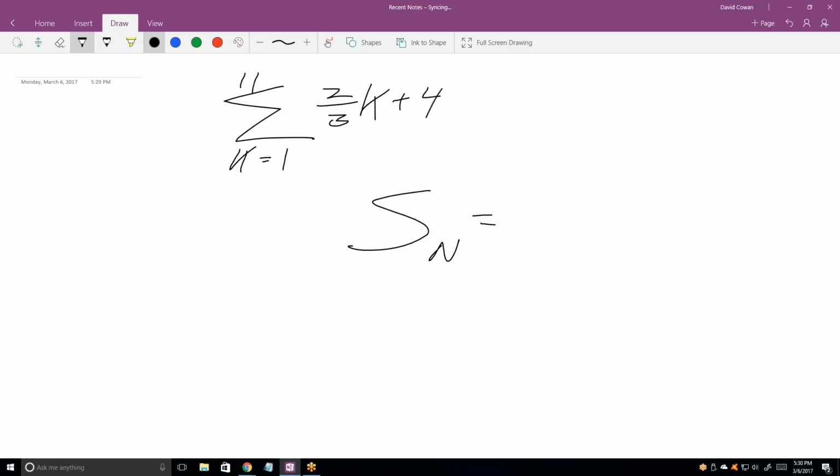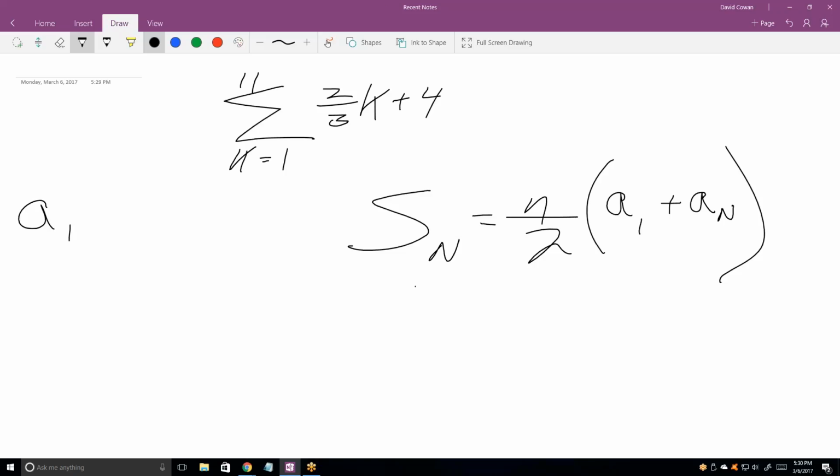What is it? N over 2 times parentheses a sub 1 plus a sub n. And they wanted the sum of how many terms? 11. Okay. Well, first of all, we need to know what a sub 1 is and what a sub n is.